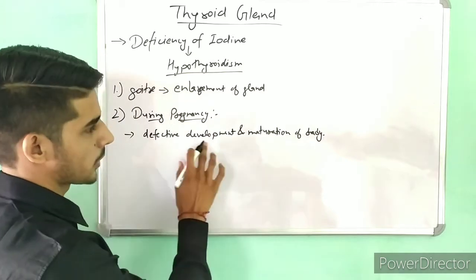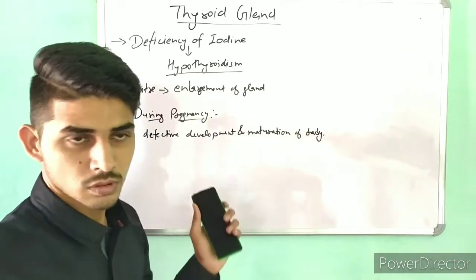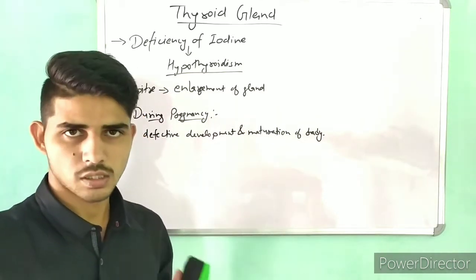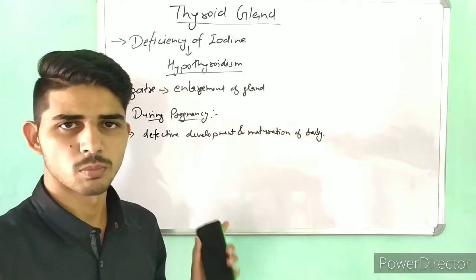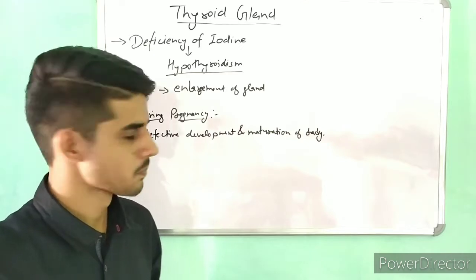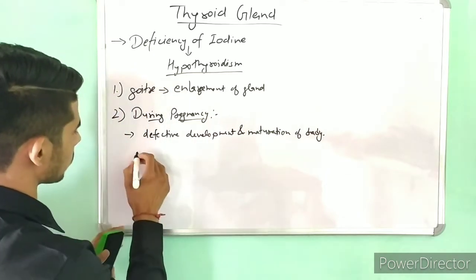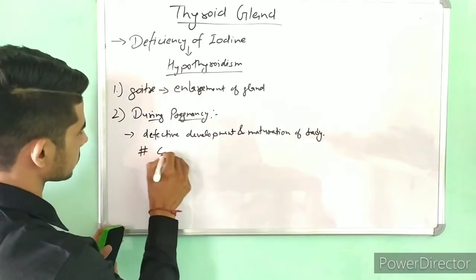Due to defective development and maturation of the baby, this leads to stunted growth of the baby, lower IQ, and abnormality in the skin color is seen. This condition is called cretinism.